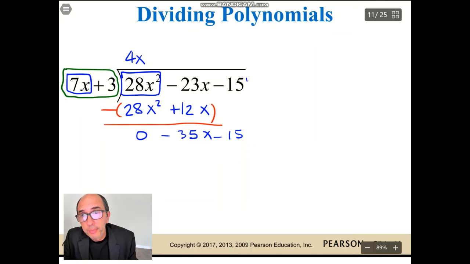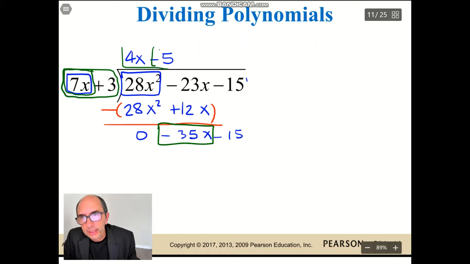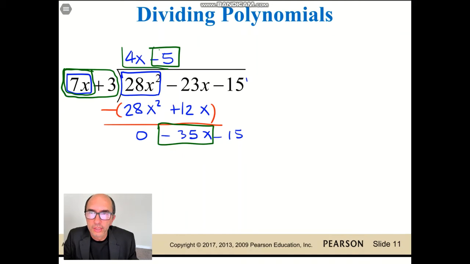Okay, next step, divide negative 35x by 7x. Negative 35 divided by 7, negative 5. X divided by x, 1. That's it. Now multiply this by the whole divisor.